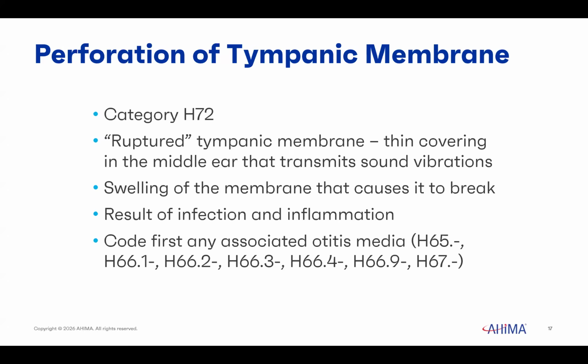Sometimes we'll get a perforation or a rupture of the tympanic membrane, or the eardrum. This could be the result of infection or inflammation, and in this case, we would code any associated otitis media first. And this would be codes falling from H65 through H67.